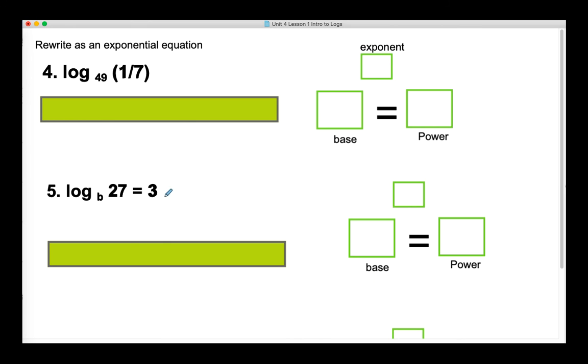How about going backwards? Log base 49 of 1/7. Let's see if we can do this without having to ask ourselves a question. Well, 49 is the base, so we know 49 is going to go here. And we know that this is the power.